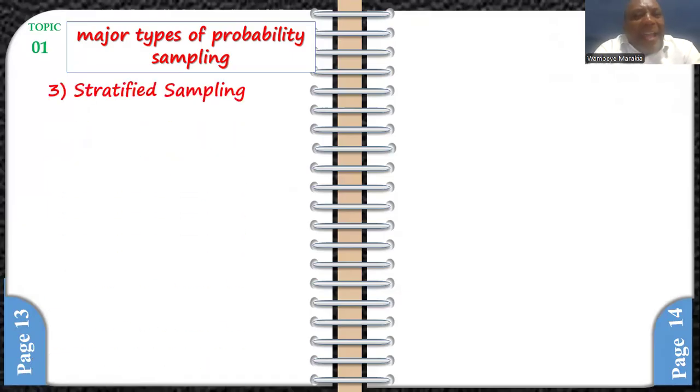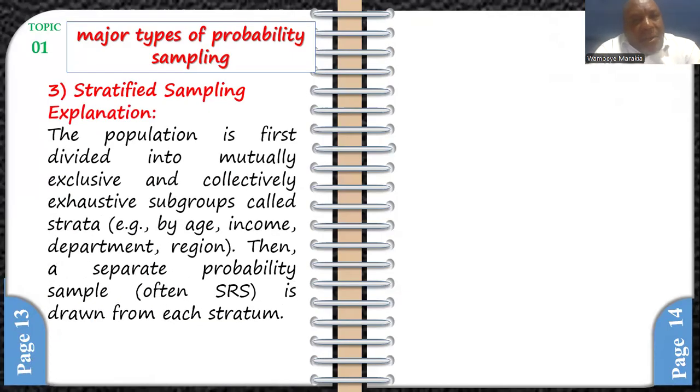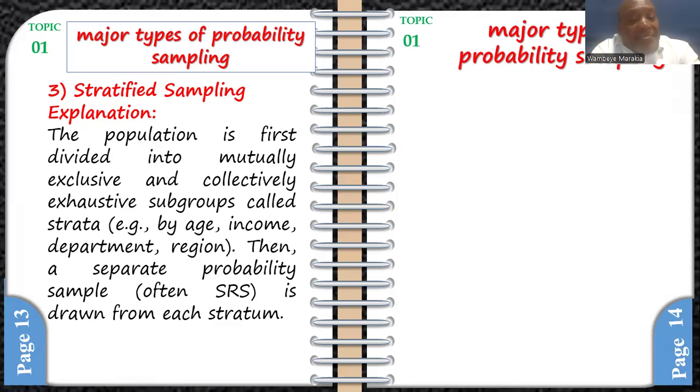We have the third one, called stratified sampling. Now, the population is first divided into mutually exclusive and collectively exhaustive subgroups called strata. And this is done based on age, income, department, region, and so on.